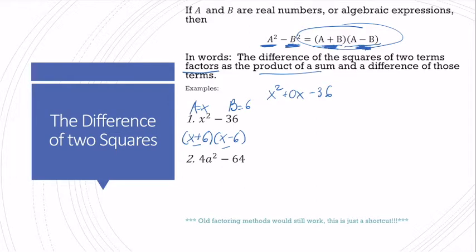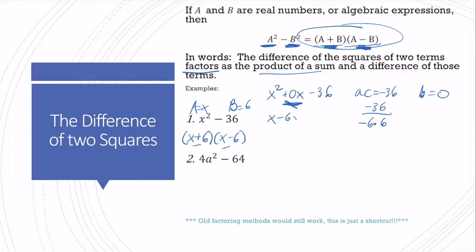Well, I can go ahead and factor this the old way if you want by finding the factors of AC that add up to B. In this case, B is 0. We used a placeholder. So, what are some factors of negative 36? Well, I could have negative 6 times 6. All right, awesome. So I can go ahead and factor this.